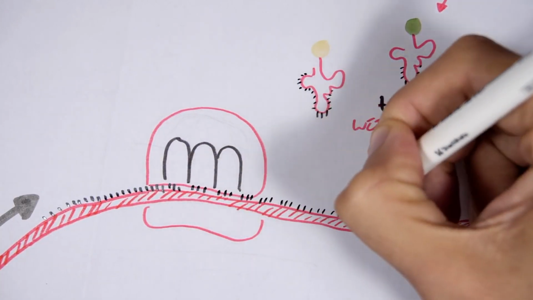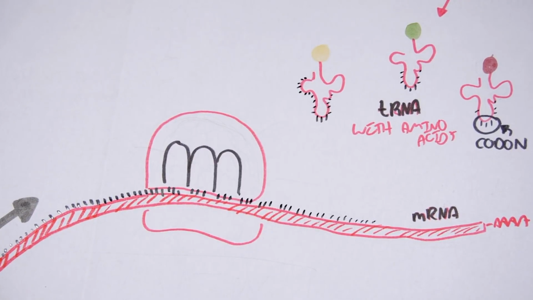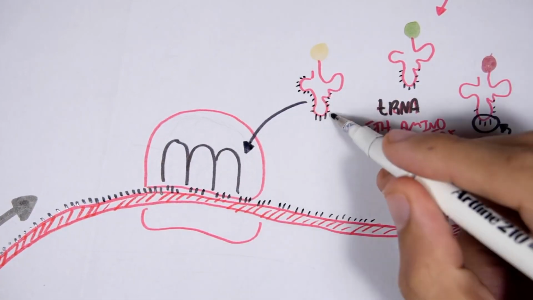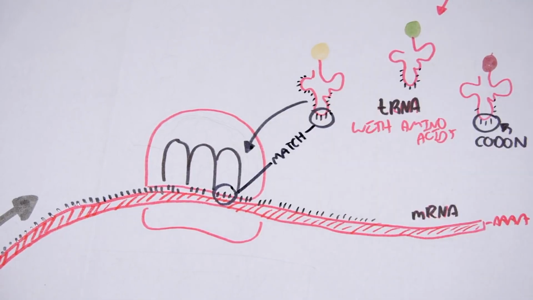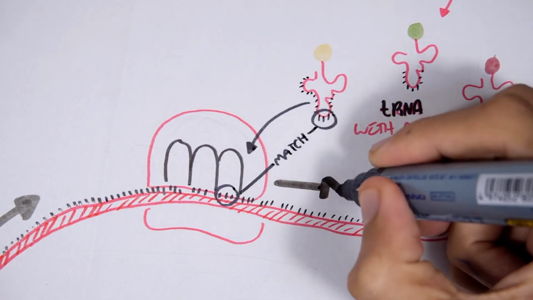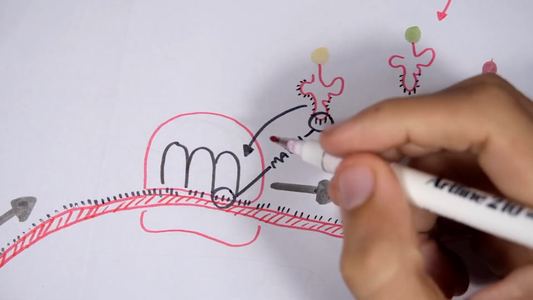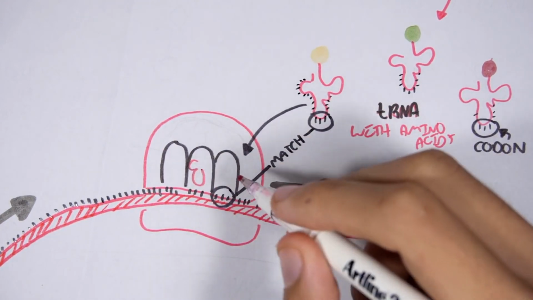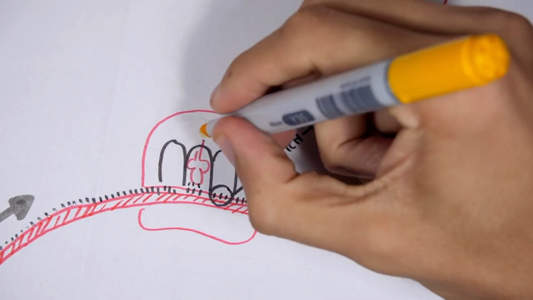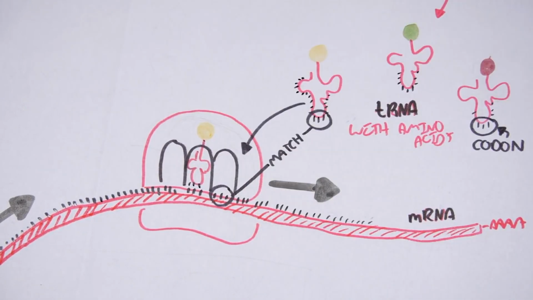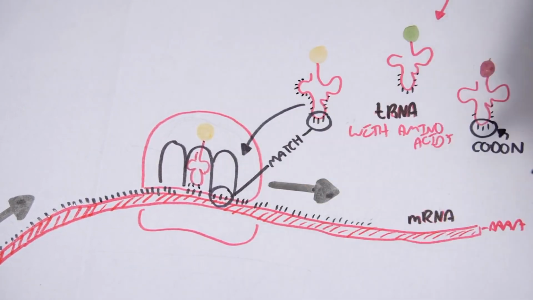So for example, if this tRNA anticodon matches this codon of the mRNA, it will bind on the A site of the ribosome. The ribosome will then keep moving, and then the tRNA will then be on the P site of the ribosome. The ribosome will release the amino acid from the tRNA in the P site.